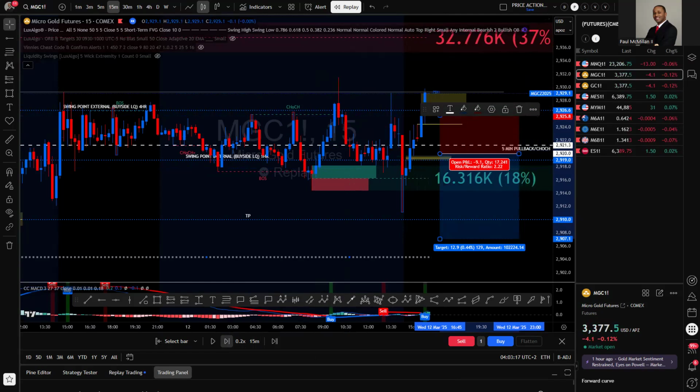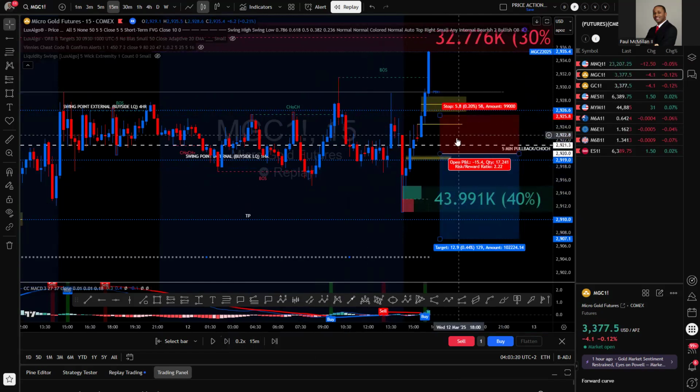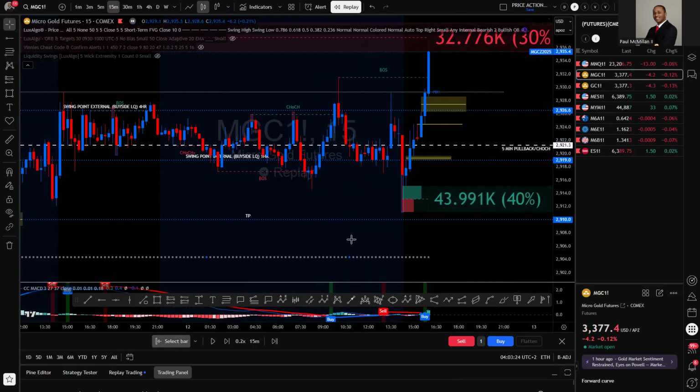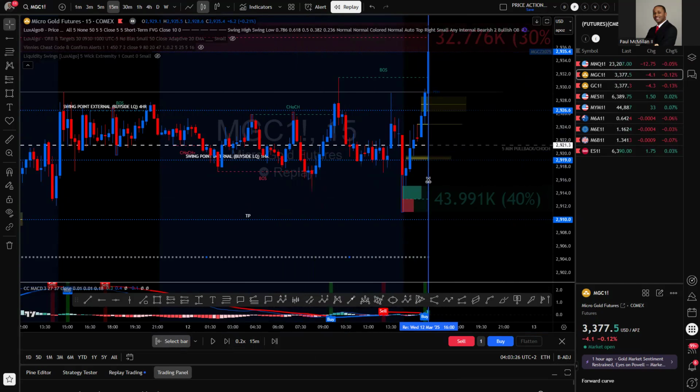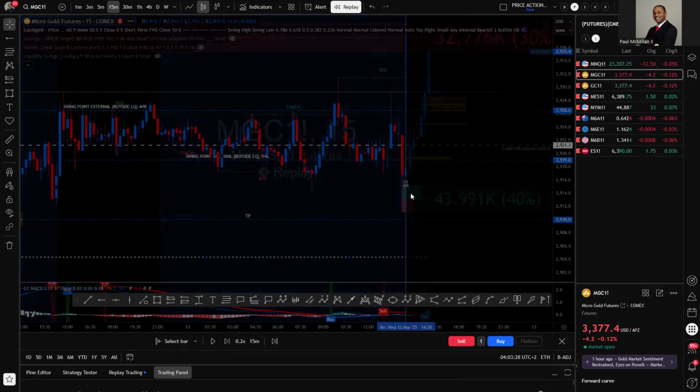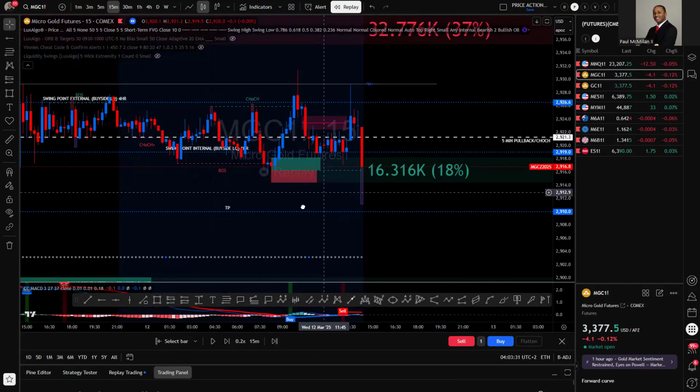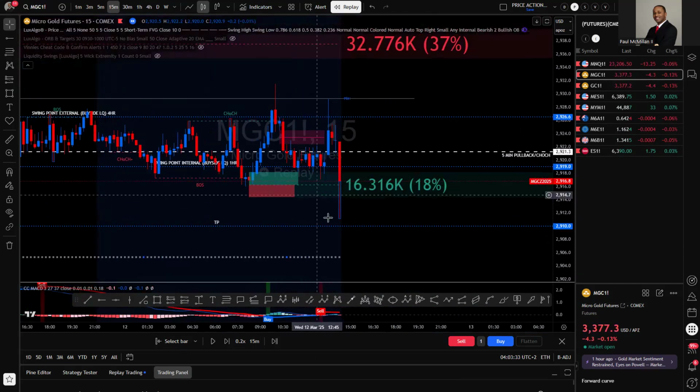Well, so it decided to go bullish. That's fine. But notice it went bullish, so we make our adjustment, right? So now we're thinking that price is going up. Well, I understand why price went bullish because we had a bullish order block, and the price was reacting to it. So that was my thinking.